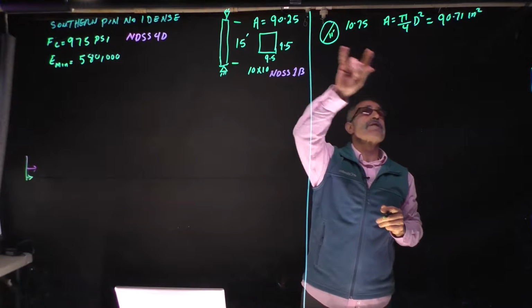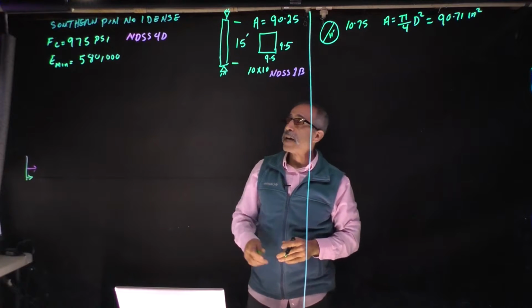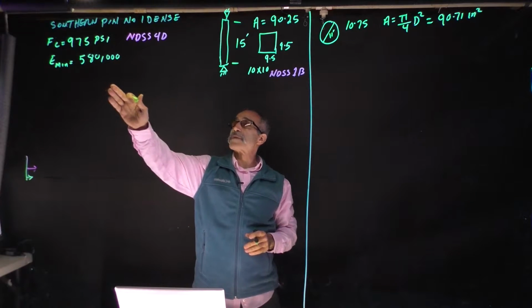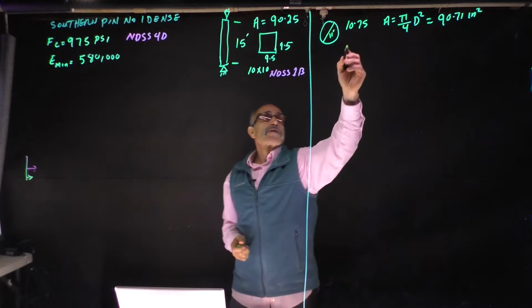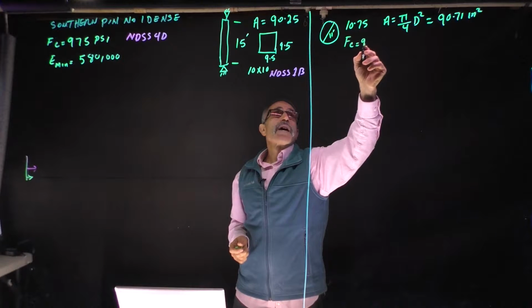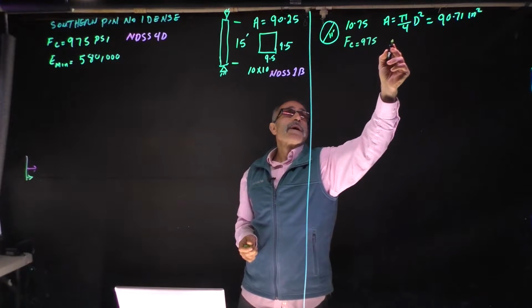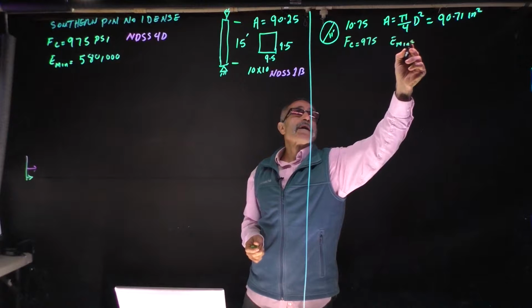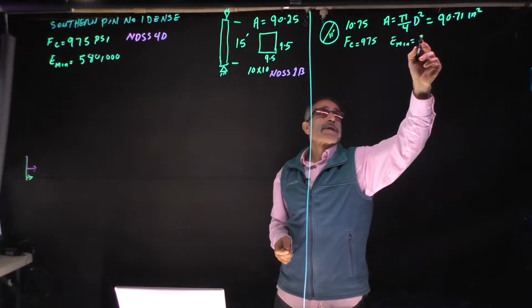So they're pretty much the same, with the same Fc, same species, same exact wood. So Fc for the round column is the same, 975 from that table, and my E minimum is 580,000 psi.